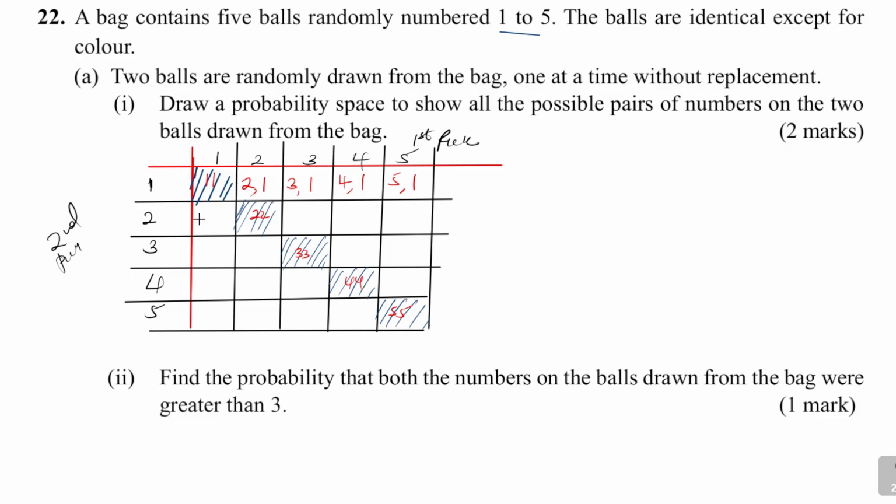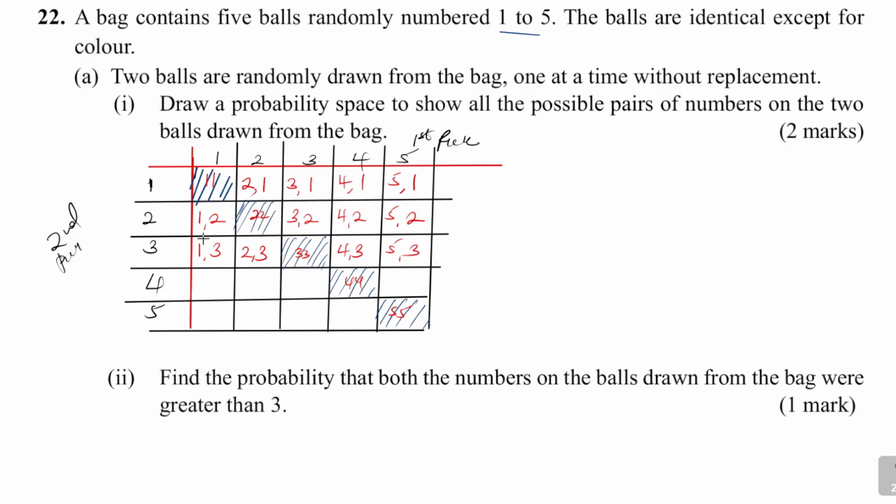Then we have a 1 and a 2. We have a 3 and a 2. We have a 4 and a 2. We have 5 and a 2. Then we have 1 and a 3. Then we have 2 and a 3. Then we have 4 and a 3. Then we have 5 and a 3.